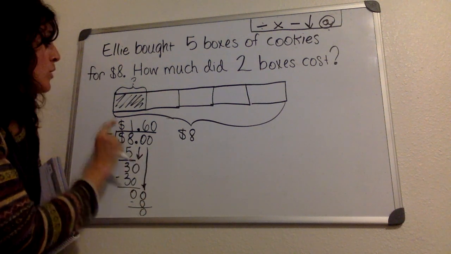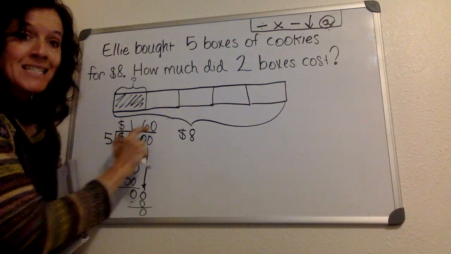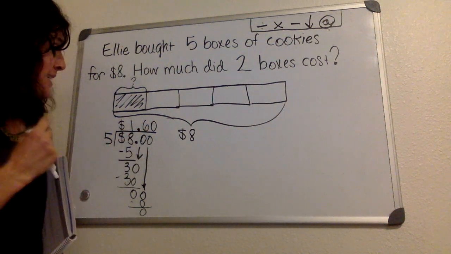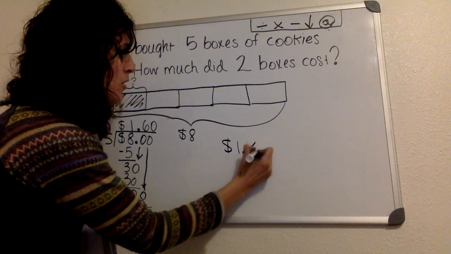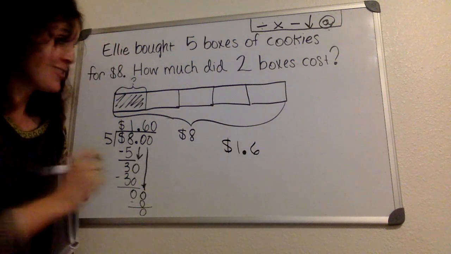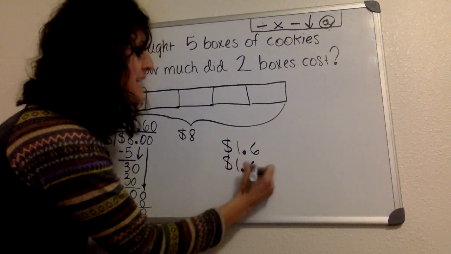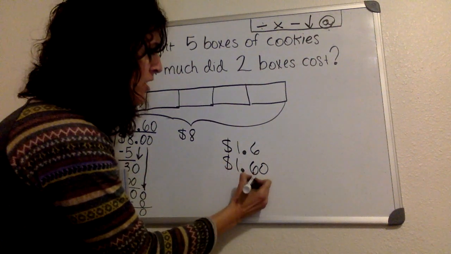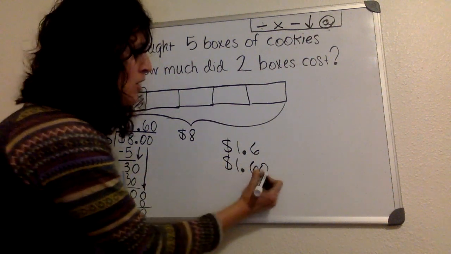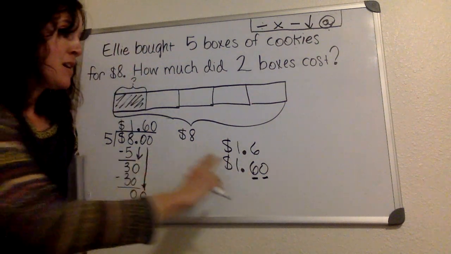With money, when we're dealing with dollars and cents, you don't show it as $1.6. You just don't do that, okay? You show it as $1.60.